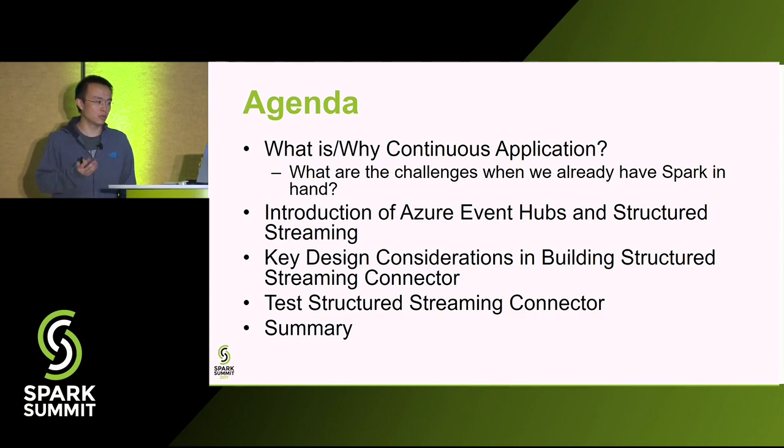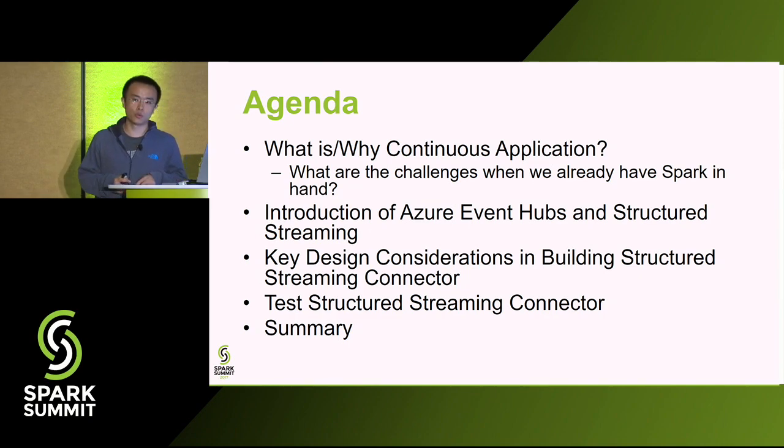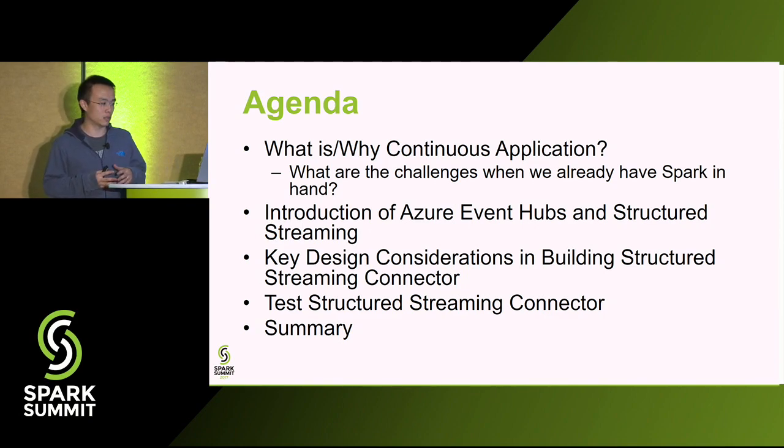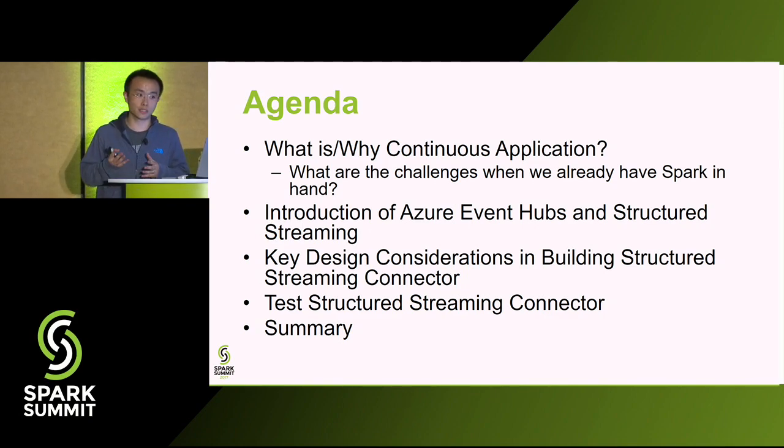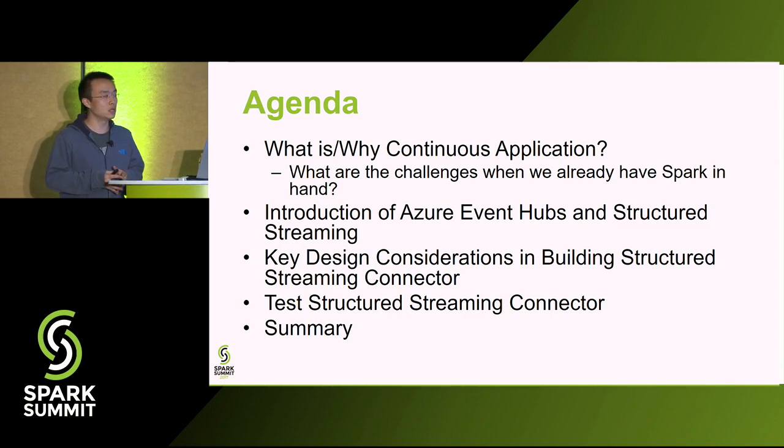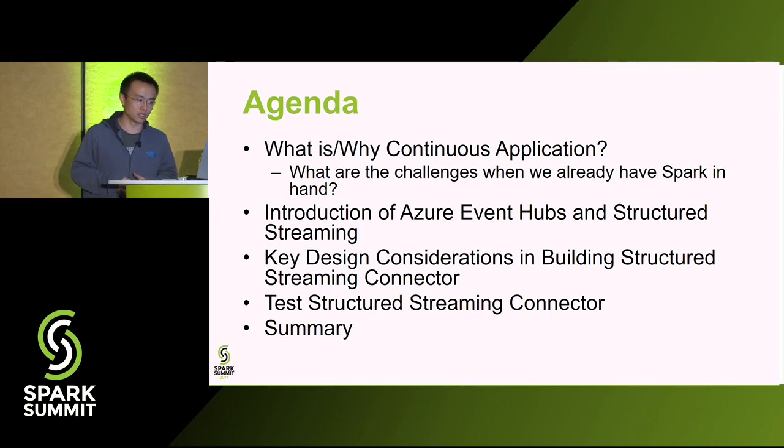And I will have a brief introduction about Azure EventHubs, which is a real-time message ingestion service on Azure. And we will review some concepts in structured streaming. And also, we will go into details about the key design considerations in building a structured streaming connector. And later, Arijit will tell us how to test your connector implementation, and we will give a summary of the talk.